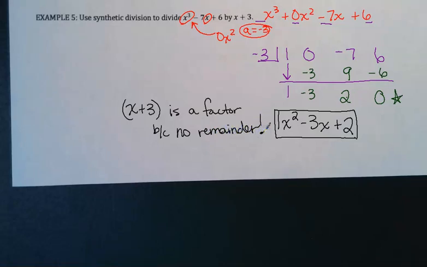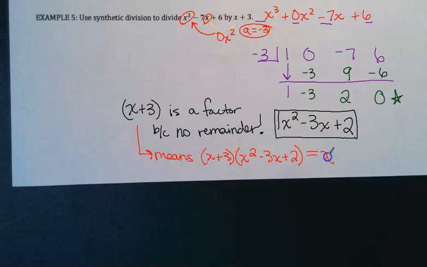Okay, so we're finally there. Now, if you remember, this also means, since there's no remainder, if we take this quantity, x plus 3, and we multiply it by the answer that we got, the x squared minus 3x plus 2, then it's going to equal the polynomial that we started with for our division.